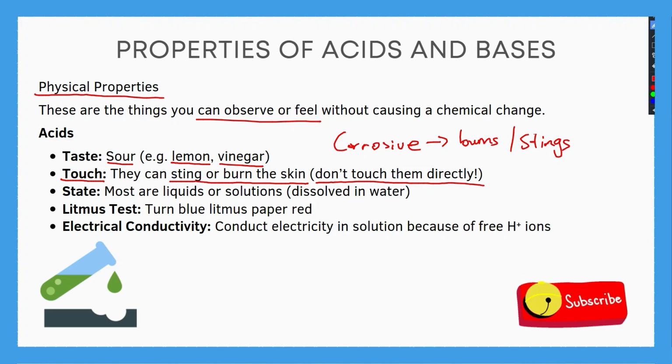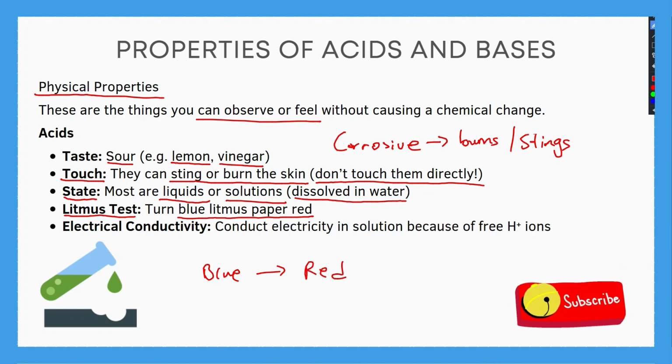Now, concerning the state of matter, most of them are usually liquids or solutions that have been dissolved in water. And then for litmus tests, every acid turns blue litmus paper red. So if you place a blue litmus paper in an acid, it changes from blue into red.